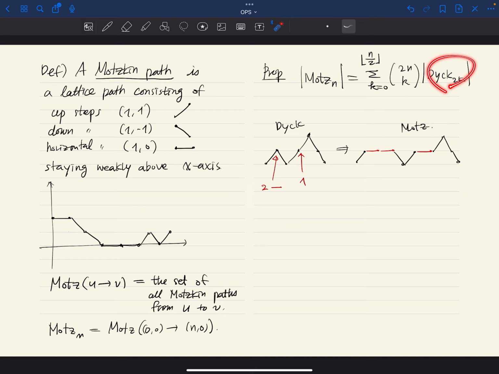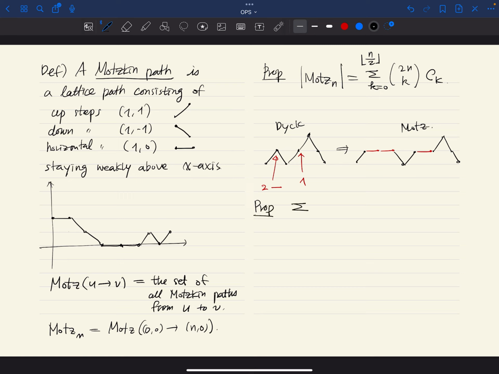But this is a Catalan number, so you can replace this by C_K, like that. So this is a formula for the number of Motzkin paths. It doesn't have a single-term formula, so it's a summation. And we can find a generating function for this.